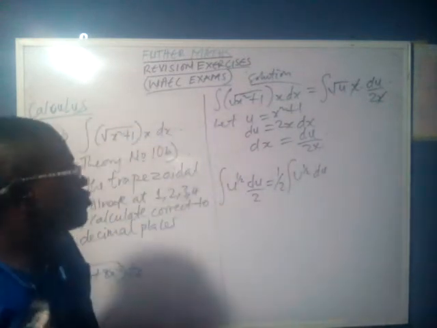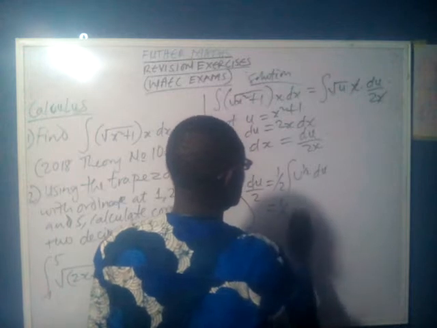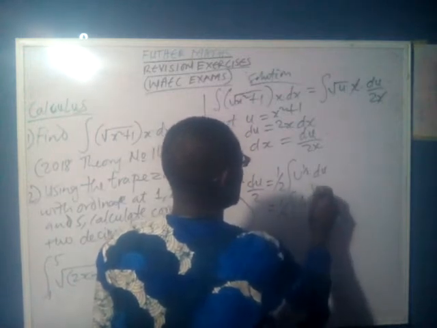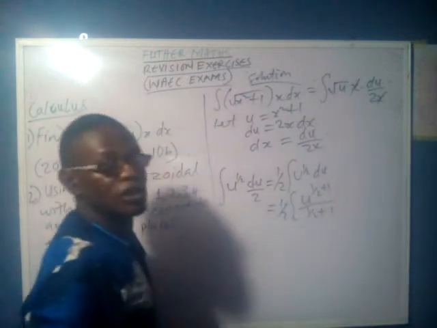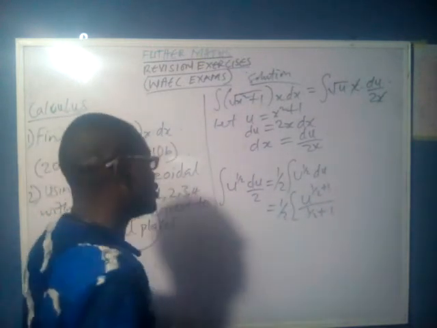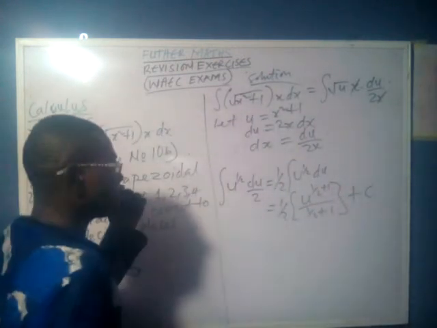Definitely this becomes 1 over 2 into u raised to power half plus 1 over half plus 1, by the rule of a standard integral, plus an arbitrary constant.